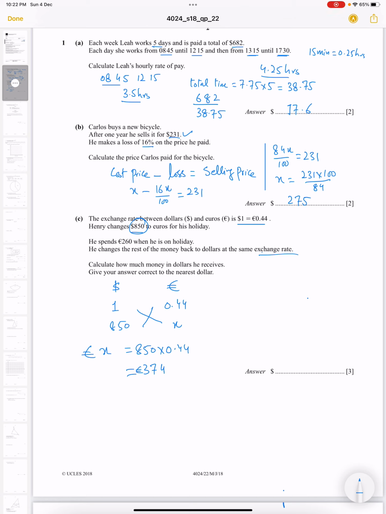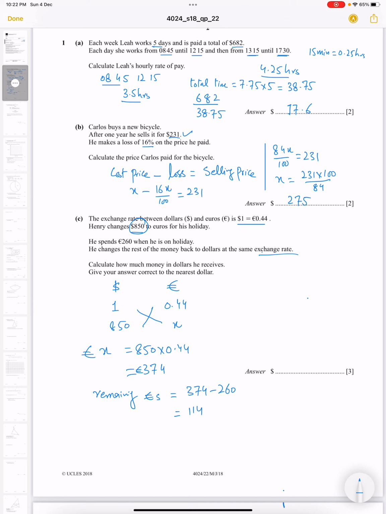Now he spent 260, so the remaining euros are 374 minus 260, that is 114 euros.